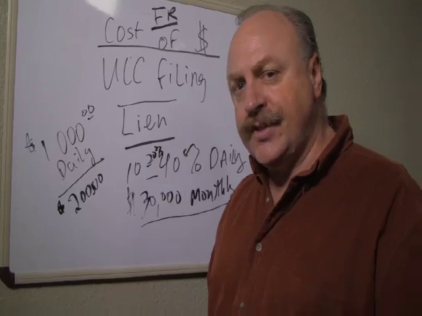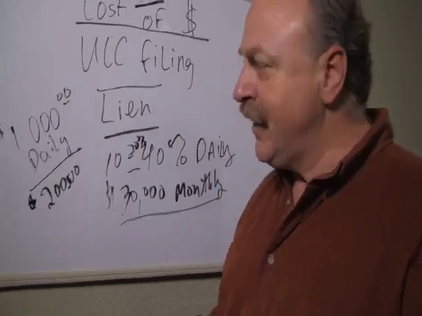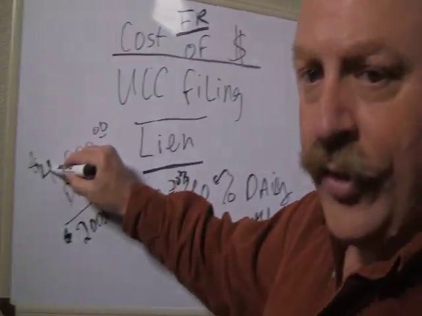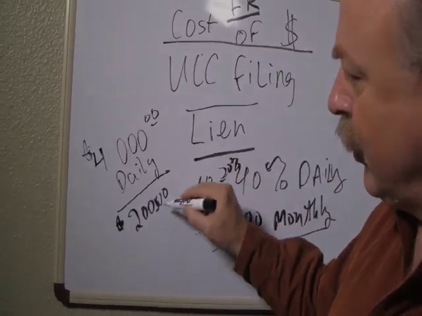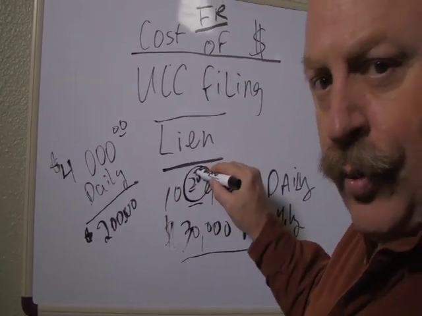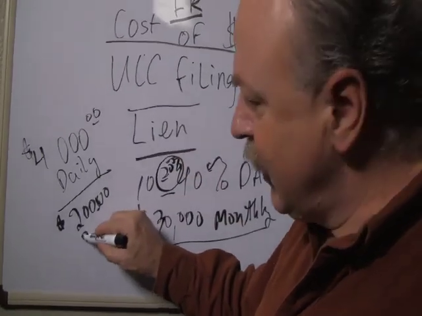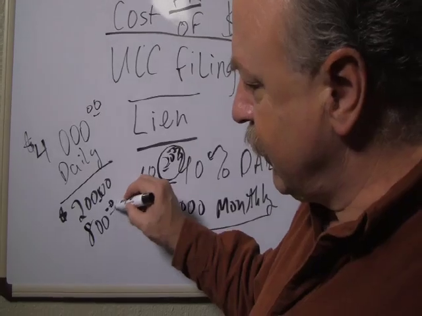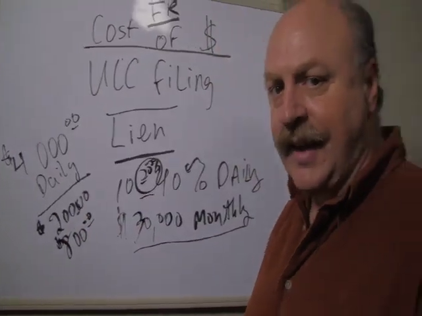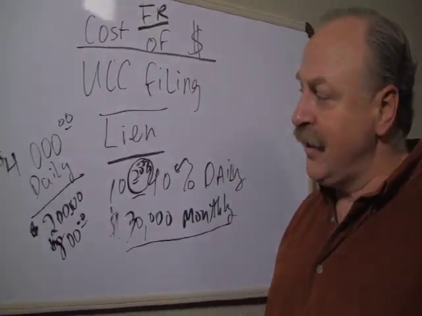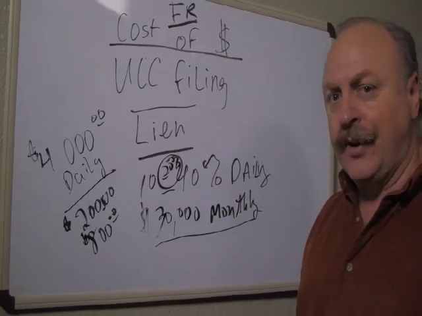Now let's say the business owner has a tremendous day and does $4,000 that day. We're still going to take 20% of those daily receipts, so that would be $800 that the business owner would pay back that day. Now I want to tell you the opposite of that could transpire also.